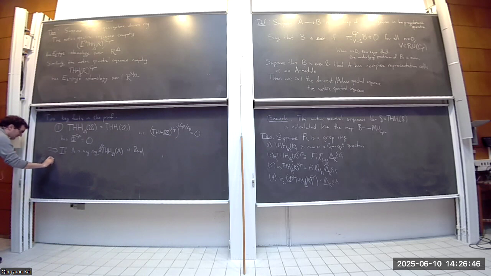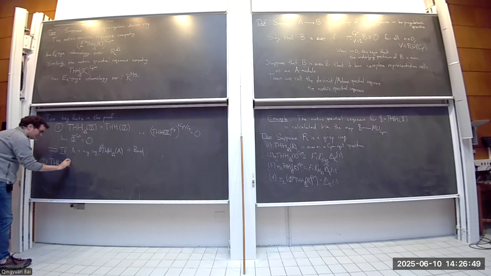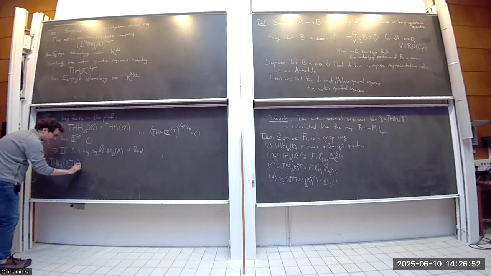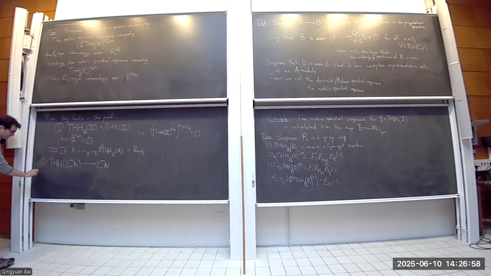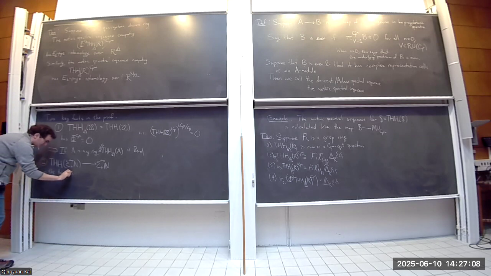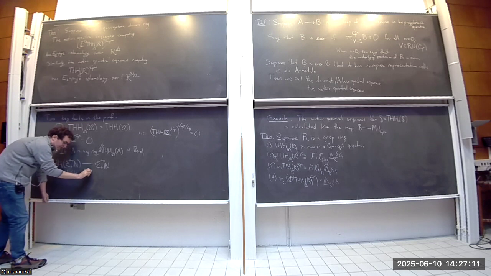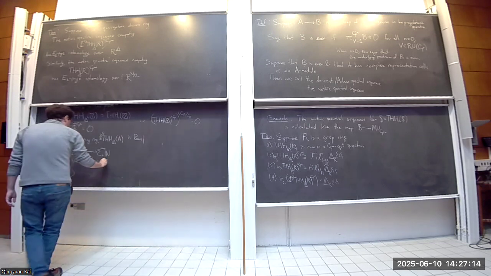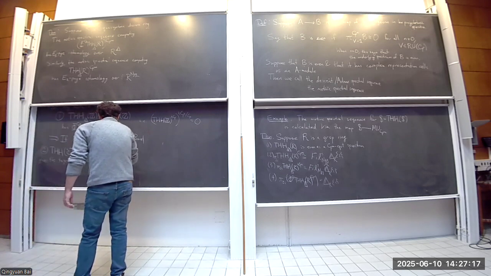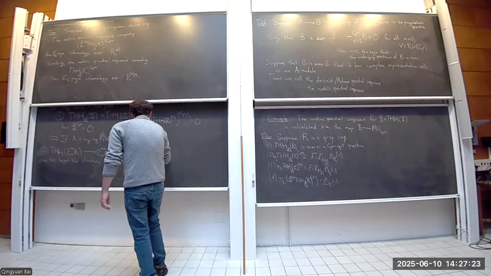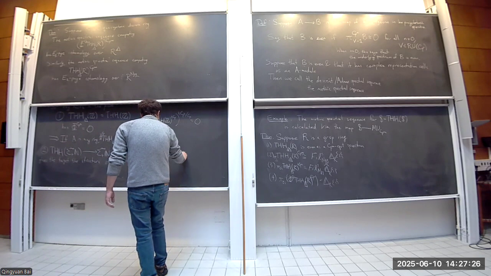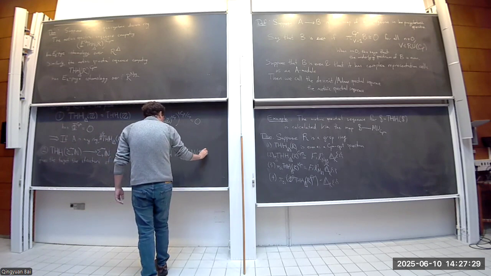And the other key fact: if I look at the map from THH of the sphere spectrum with the natural numbers, mapping to the sphere spectrum with the natural numbers, the target has the structure of a module over the S^1-equivariant thing.